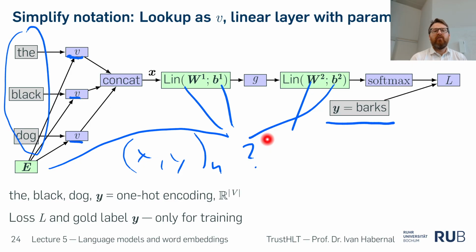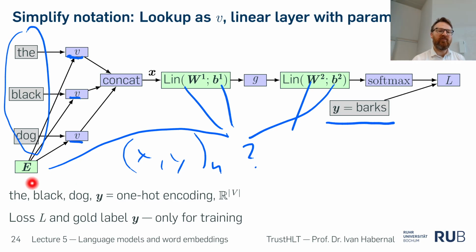Exactly. We randomly initialize all the parameters, which means we randomly initialize the embedding vectors. So the embedding vectors are going to be very bad at the beginning of the training. At the beginning the loss will be horribly high, because the network doesn't understand language at first.